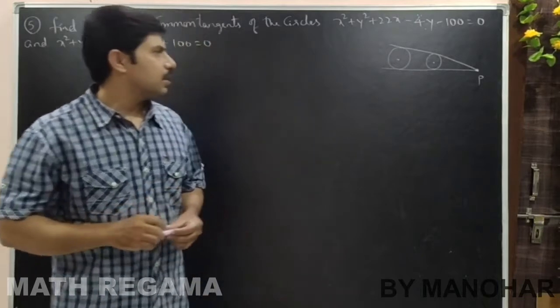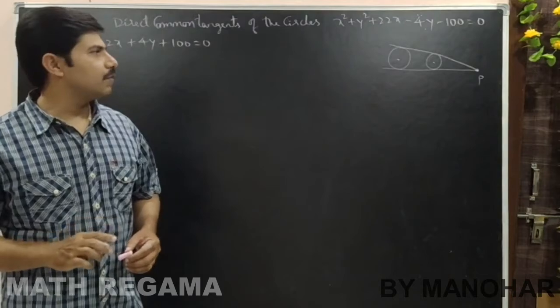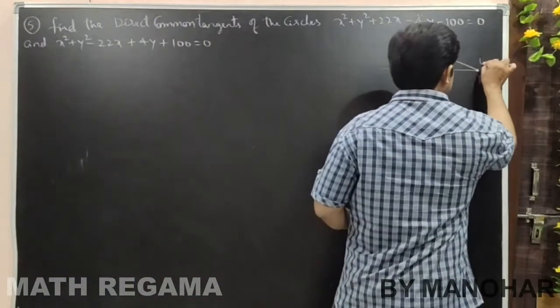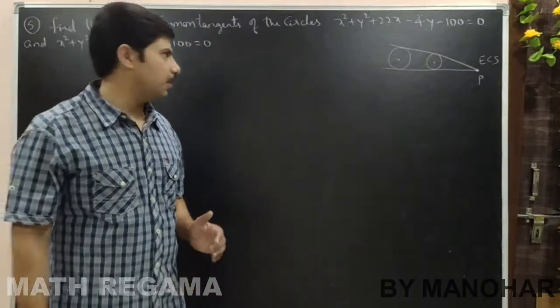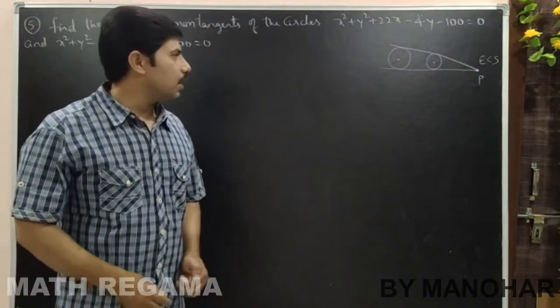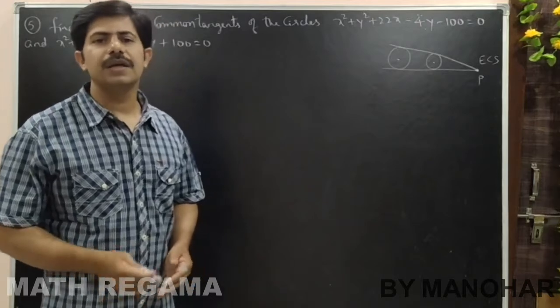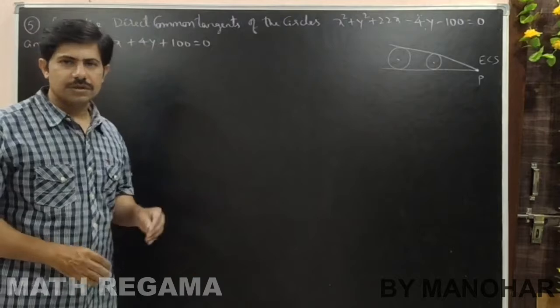So here the point of intersection is away from the two centers. If it is away from the two centers, this point is called the external center of similitude. So in order to find the equation of the direct common tangent, we need to find the ECS. Then after that, we'll find the equations of the direct common tangents.